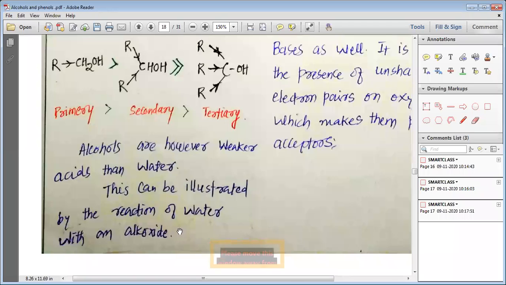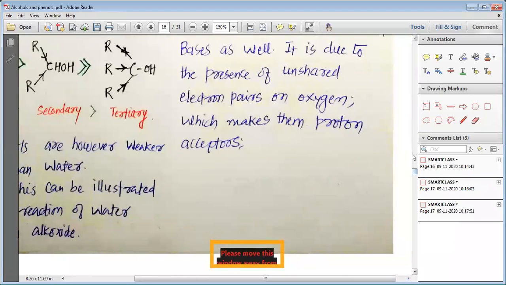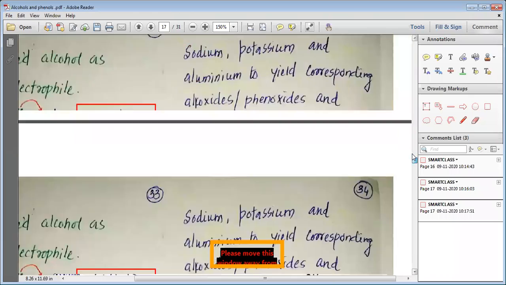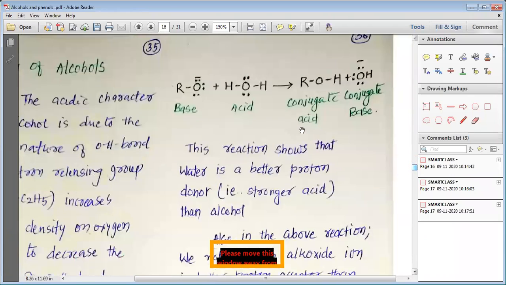This can be illustrated by the reaction of water with an alkoxide. So let us understand, alcohols are weaker acids than water. You can take a base RO minus, that is alkoxide, and allow it to react with acid H2O.